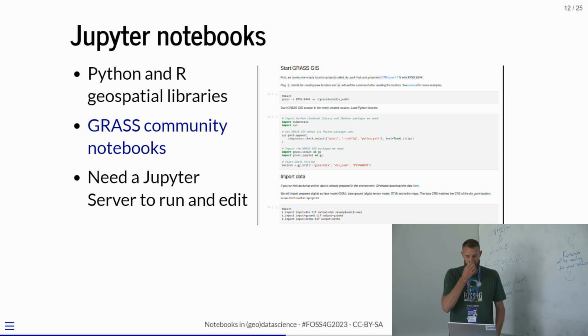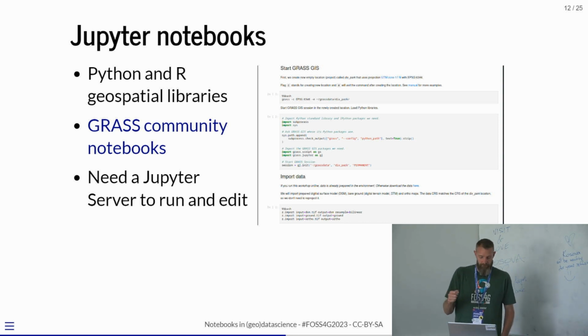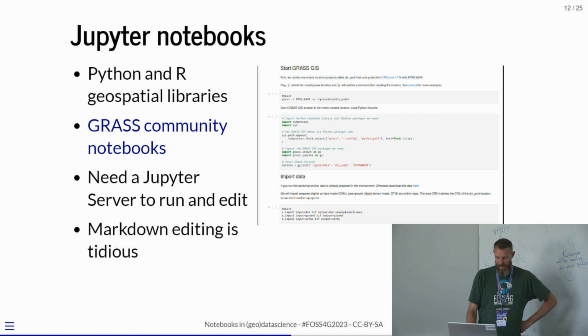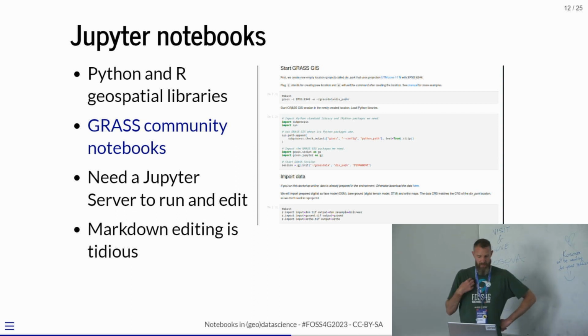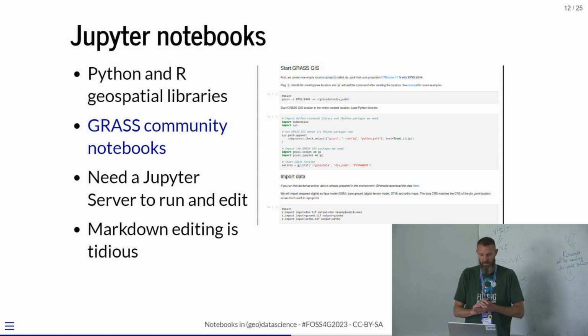But you need a Jupyter server to run the notebook if you want to edit it. So you forget about just using Notepad++ or VS Code; you have to run Jupyter. And Markdown editing in Jupyter Notebook is, in my personal opinion, sometimes a little bit tedious.